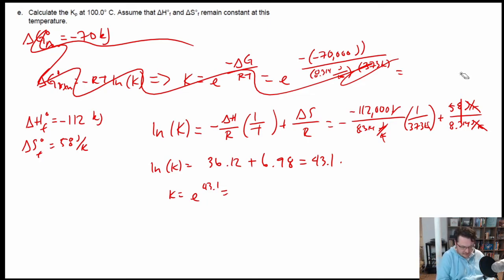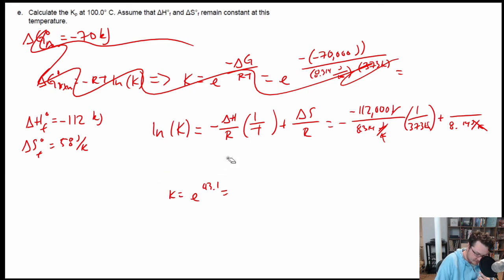Oh, my delta S is off, because I forgot to include the oxygen one. So it's not 58. Oh, that's frustrating. But that will be a very common mistake that people will probably make. So FYI, that's a thing to pay attention to.